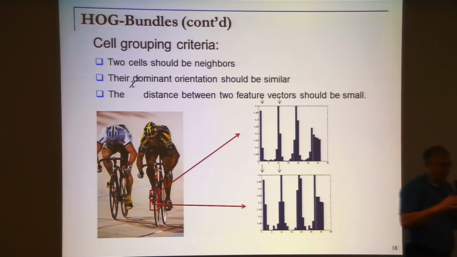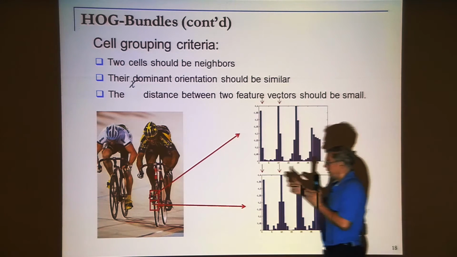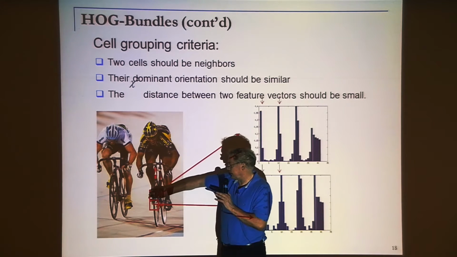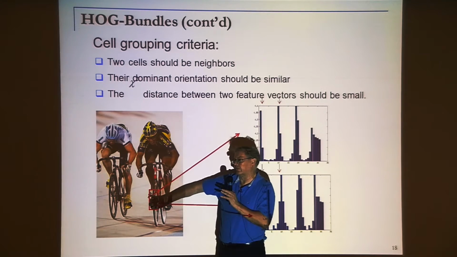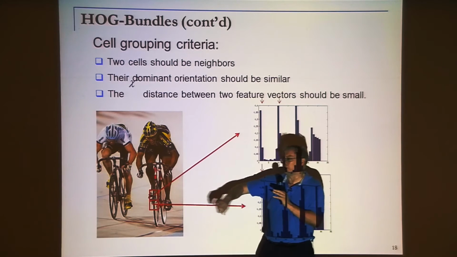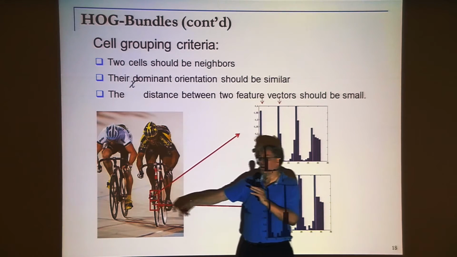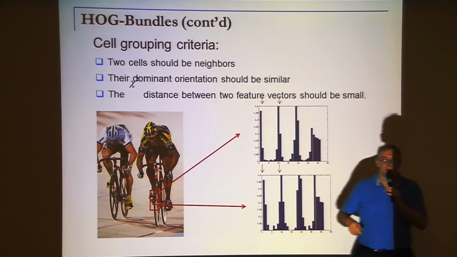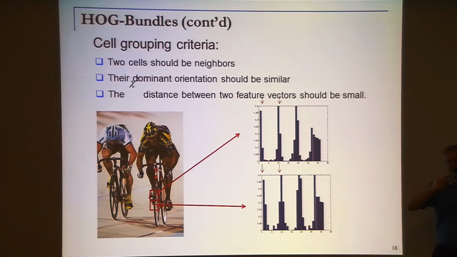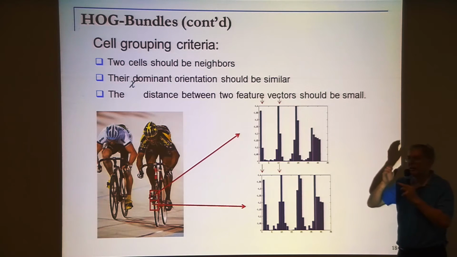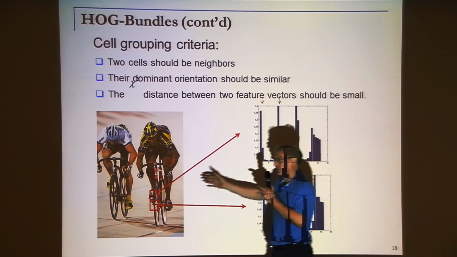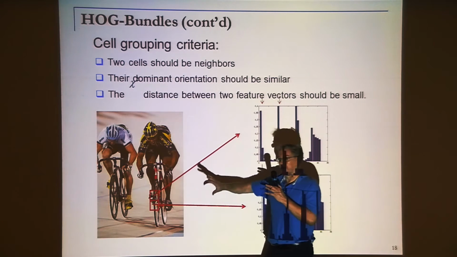The idea of a HOG bundle, which my student developed, was that you could take the HOG description here and look at the HOG description of the neighboring bundle, and if they were similar, you could group them together. This is like a standard thing you do in computer vision. If you find an edge here and an edge here, you may just group them into a longer edge. It makes sense. As far as we know, no one had actually tried doing that on HOGs to make HOG bundles.